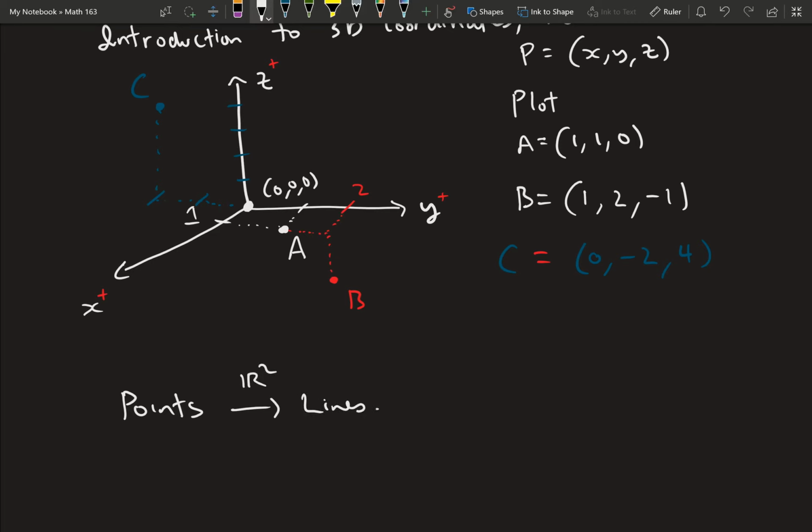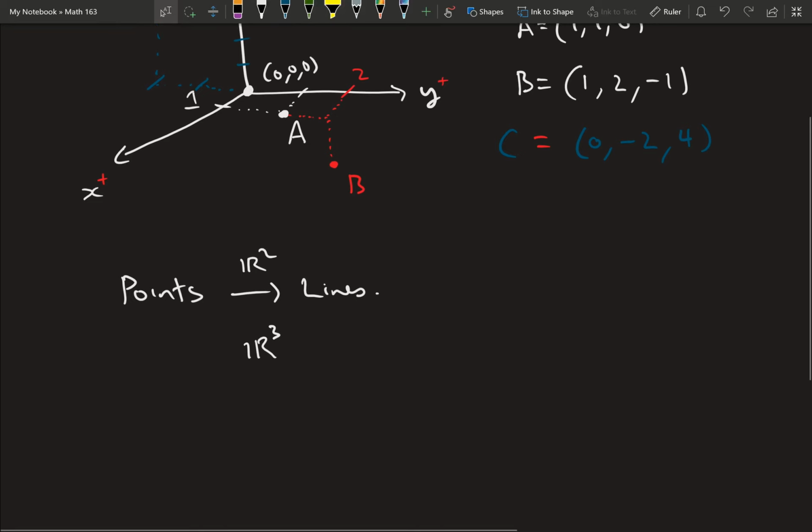Those are generally considered the next easiest graph. But in R3, lines actually take a bit more work. It's easier to go from points to planes. And we'll see why in just a second.